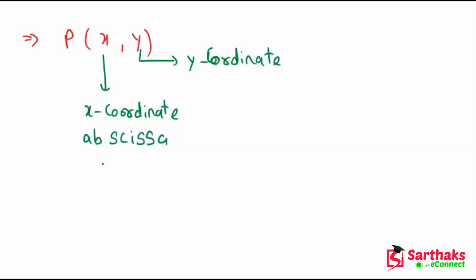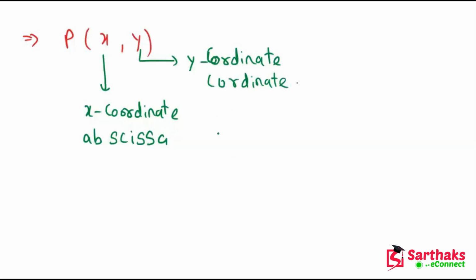Or we can say that this is the x coordinate. Now what is the other name of the y coordinate? The other name of the y coordinate is ordinate. What is the ordinate? This is the distance from the point to the horizontal or x-axis.